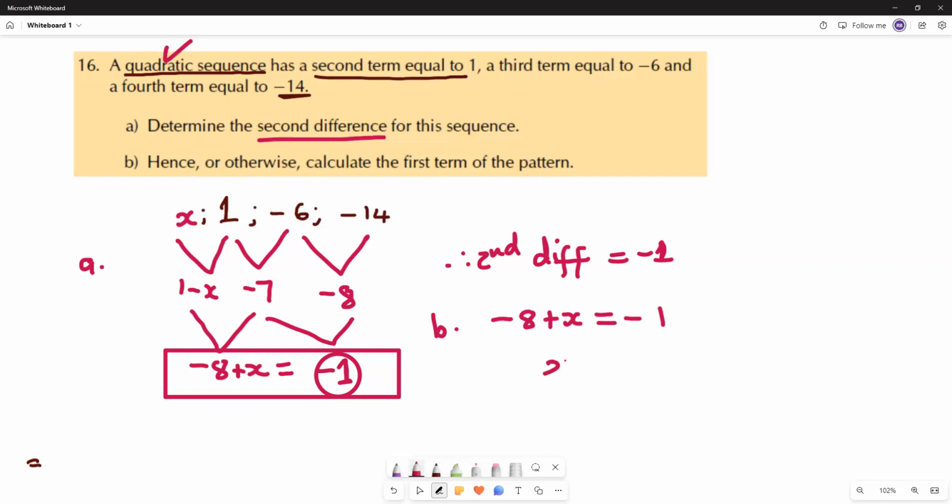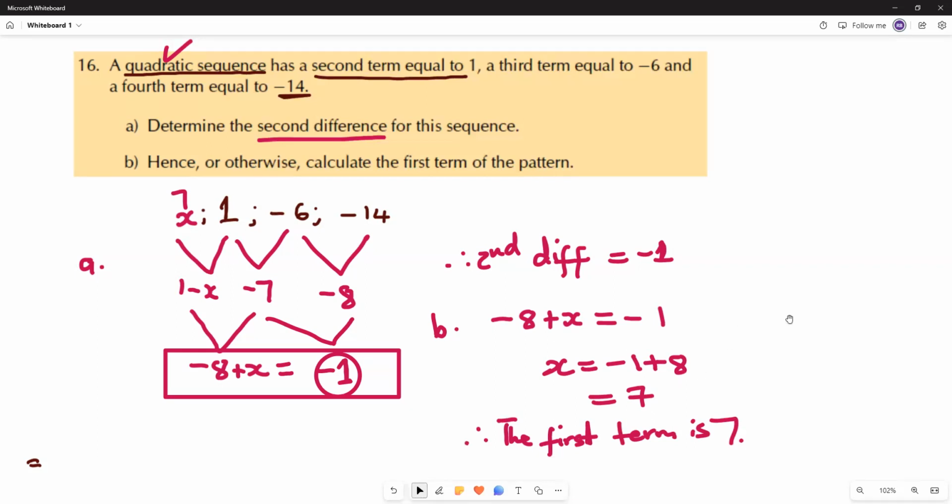Then x is basically -1 plus 8, which gives 7. Therefore, the first term is 7. And then we're done with that question.